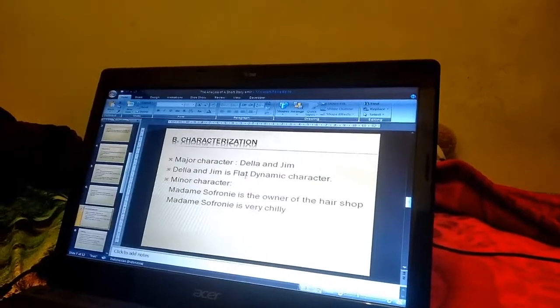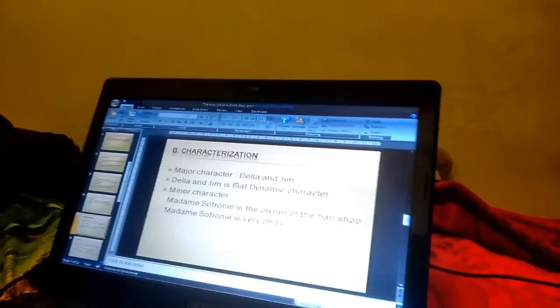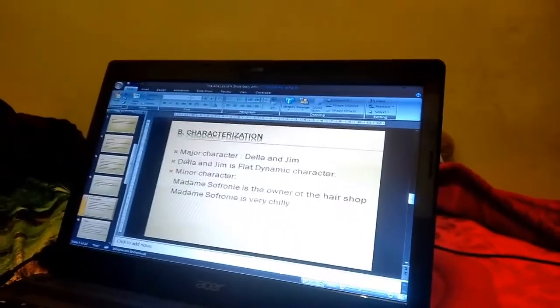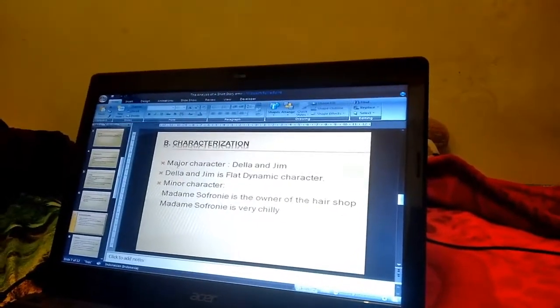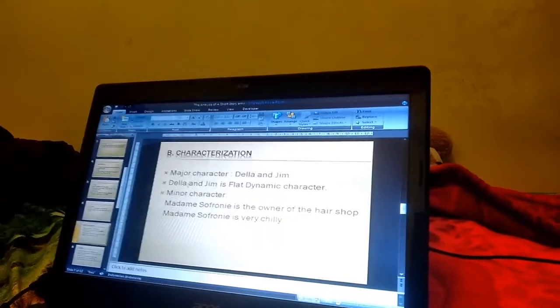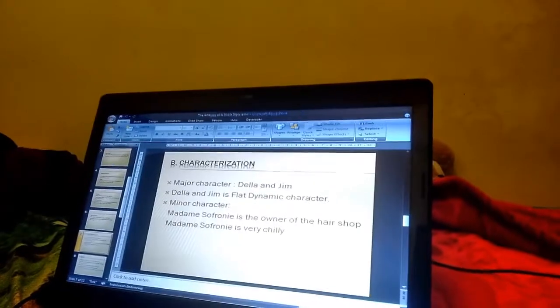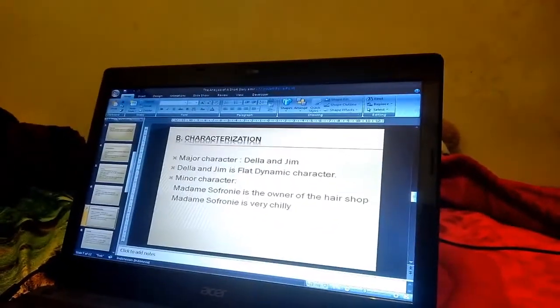So flat here means that Della is very devoted, very struggling, and she always loved Jim. She always loved her husband.